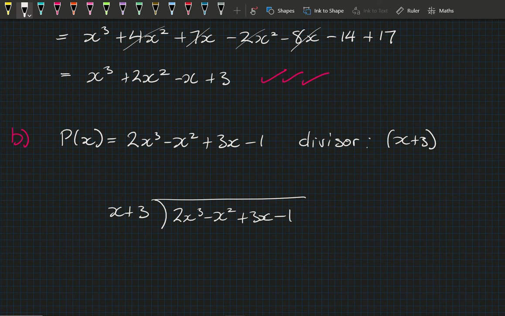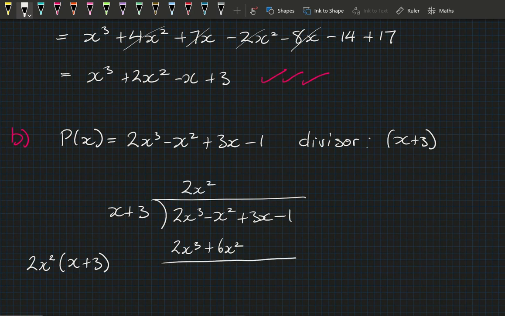So 2x squared times x plus 3 gives me 2x cubed plus 6x squared. So writing out 2x squared up the top and then subtracting our 2x cubed plus 6x squared away gives us minus 7x squared plus 3x minus 1.